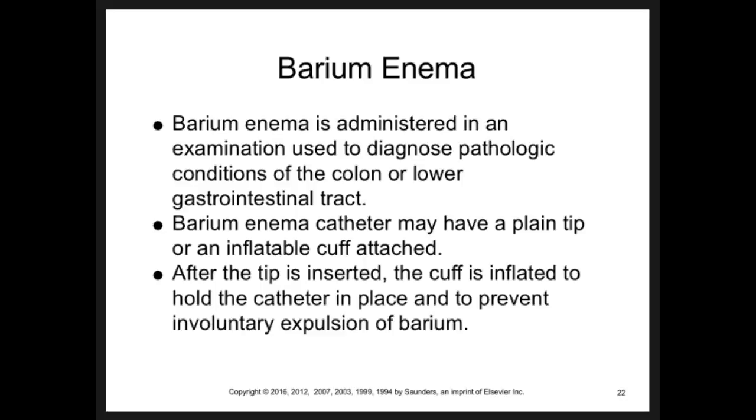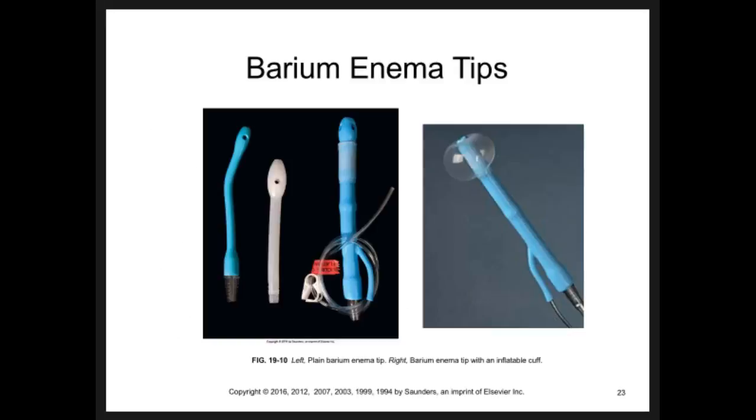There are a couple different types of tips that they can use for barium enemas. From experience, I can tell you that the tips without a balloon are really hard on the patient and don't end well in their ability to keep the barium in for the whole exam. You will need to use them on patients who have narrow rectums or have had trauma.